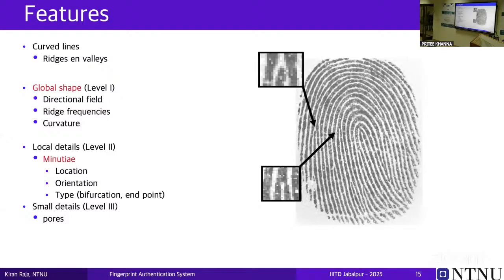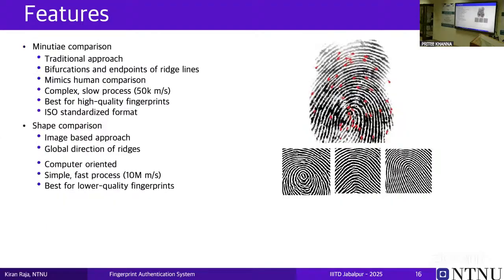And when we are extracting these information, you would want to compare them using a similar kind of approach. So the traditional approach is to do the minutia versus minutia. So you look at each minutia, then try to match how many of them are matching with the other. And then you could also do the matching based on bifurcation and the endpoints.